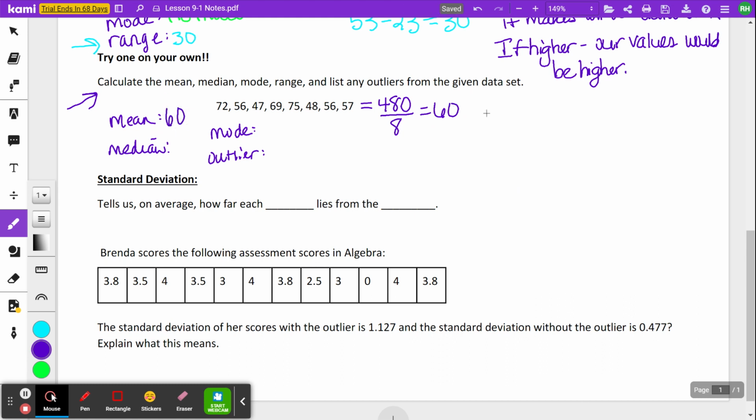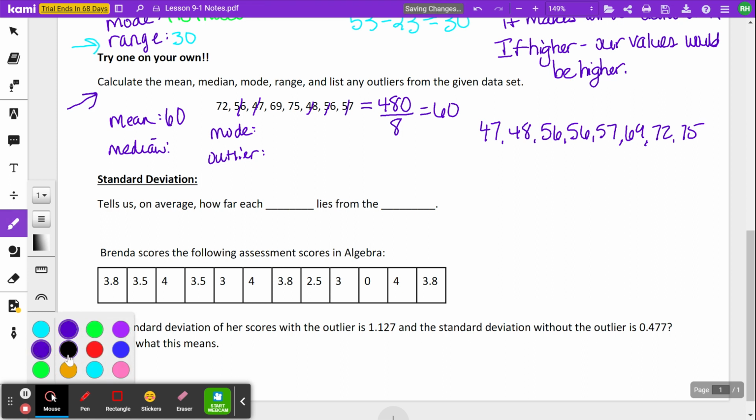Okay, I put them in order. You should have 47, 48, then 56 is twice. You need to write it down twice so that it doesn't affect your mode or your median. Then we have 69, 72, and 75.